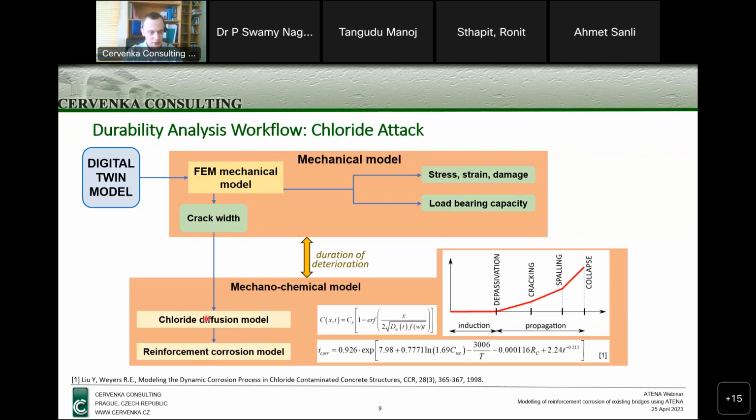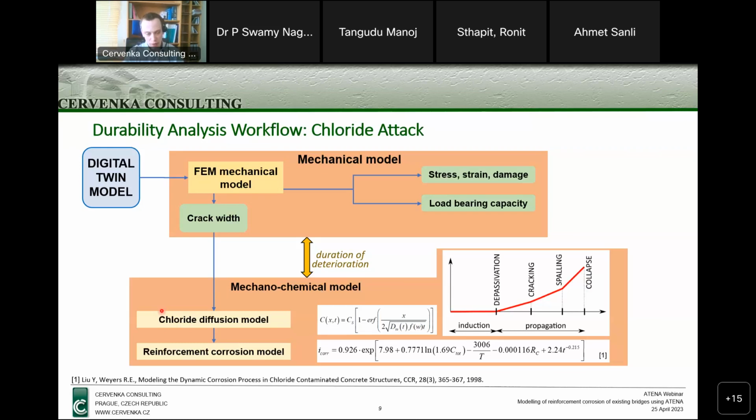In case of the chloride attack or chloride-induced reinforcement corrosion, it is designed that we first calculate the chloride diffusion through the material.